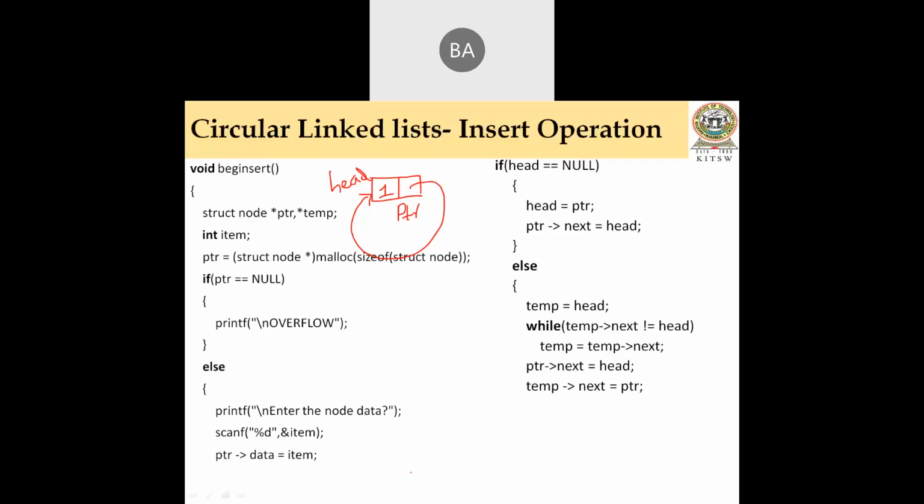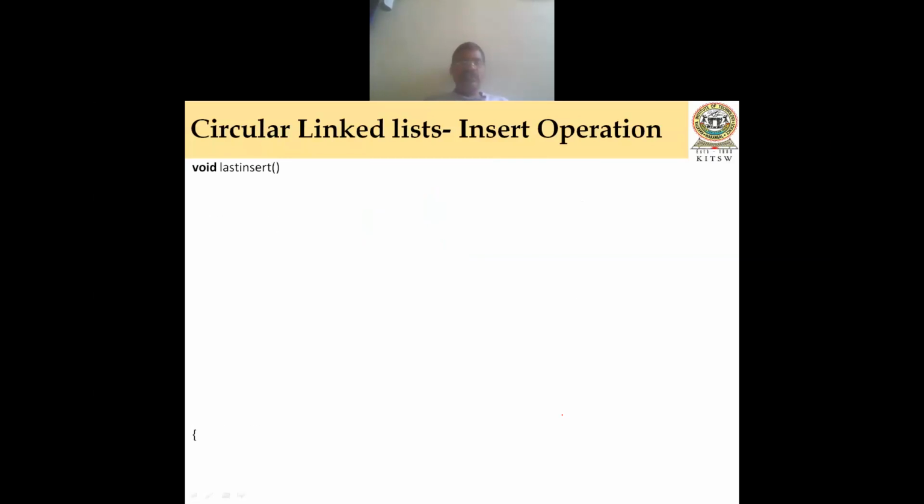Then ptr arrow next is equal to head, and then temp arrow next is equal to ptr, head is equal to ptr. This is how the node will be inserted into a circular single linked list.